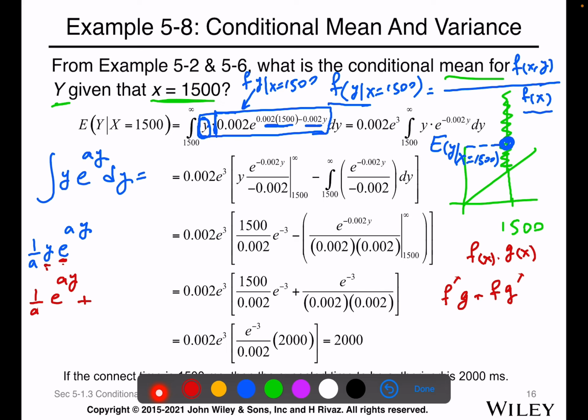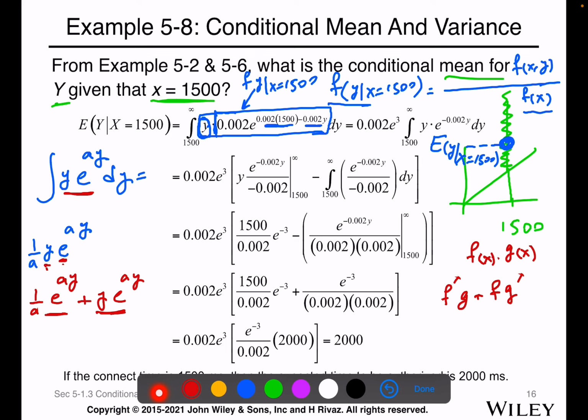So it's going to be y e to the ay, right? I just wrote the derivative of that down here. This is what I need, but this other term is what I don't need. I need to get rid of this.